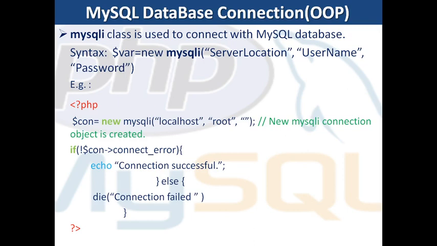If it has not created any connection error, then we will print echo connection successful. If it is returning a connection error, then a message would come and further execution of the PHP script should be stopped. So the die function is used and then the connection failed message comes.